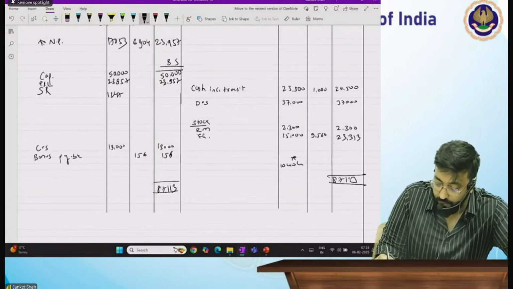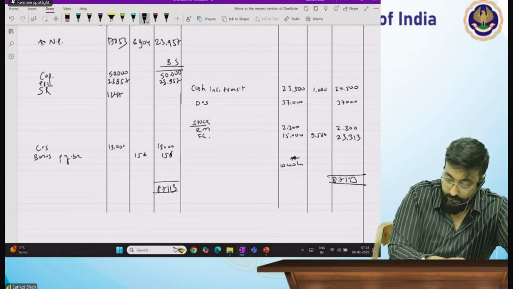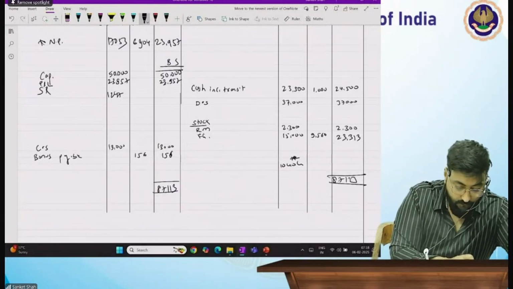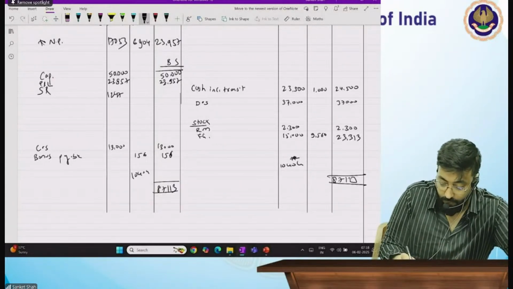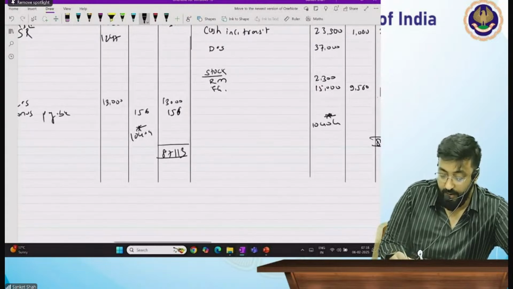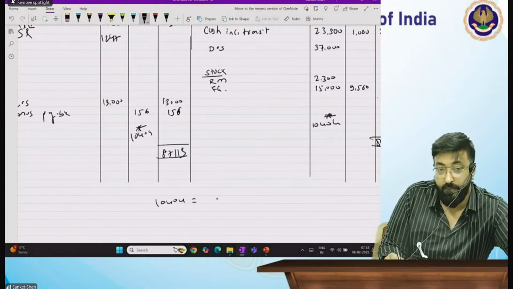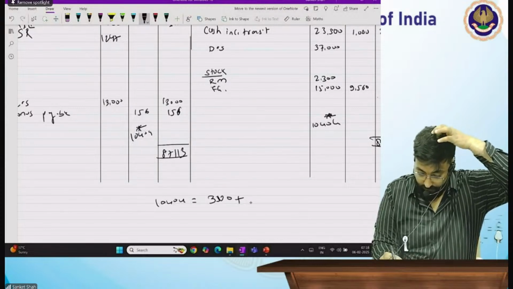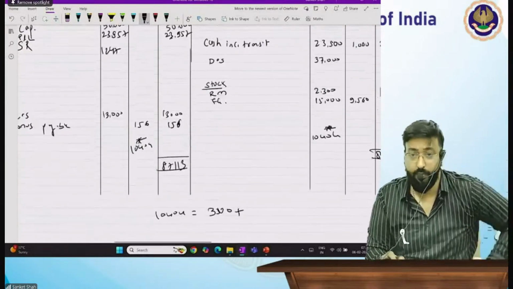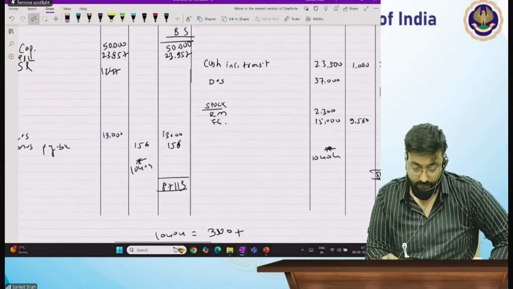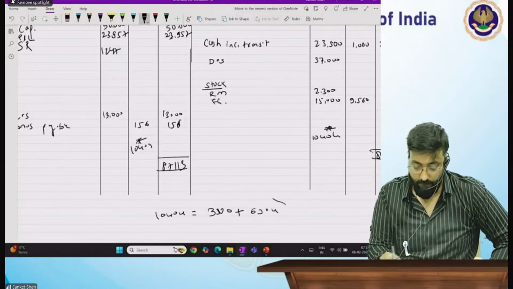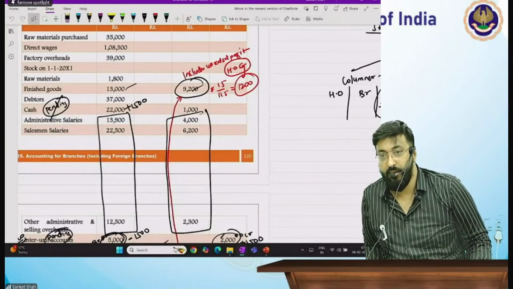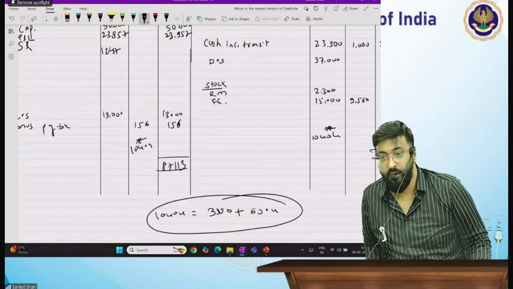So 10,404 here and in the balance sheet, 10,404 in the branch column also, correct? How does 10,404 come, beta? The reconciliation: 3,500 and 6,000 the profit of the branch, to be merged with 6,904. Yes, 600. Tallied. Yes, sir.